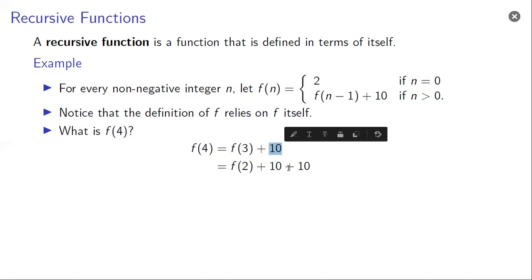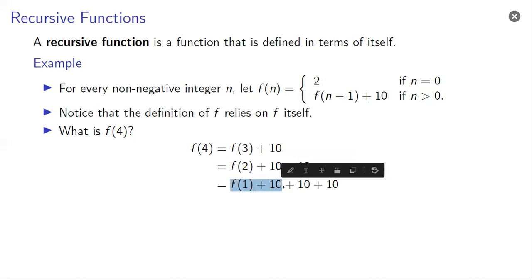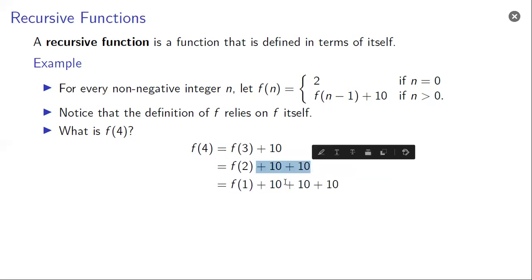And then we still have this plus 10 from the previous line, which we keep. Now, what is f of 2? Once again, we have to use the definition of f. Now n is equal to 2, so f of 2 should be f of 1 plus 10. And then, of course, we have the plus 10 from before, which we keep.